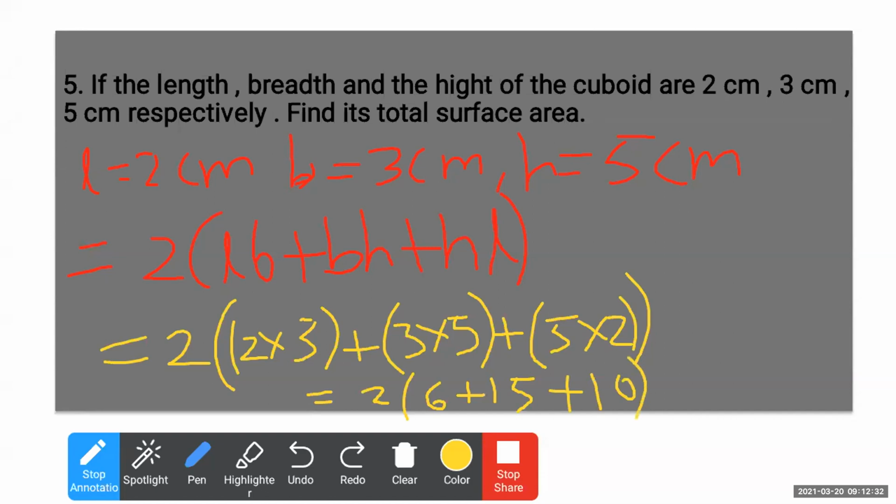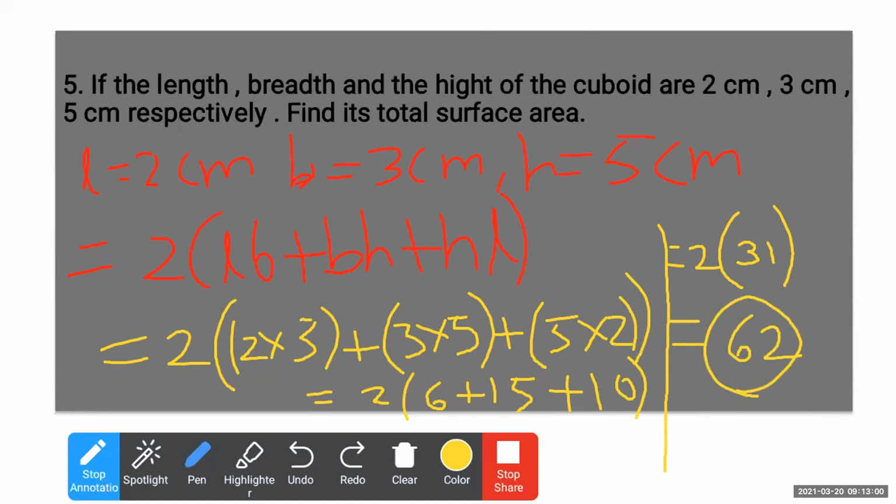See that whenever you are doing the substitution, all of you know that you have to solve the bracket first. So 6 plus 15 plus 10, if you do the addition you will get 31. And 2 into 31 will be 62. Now what we have found, this 62, is the total surface area.